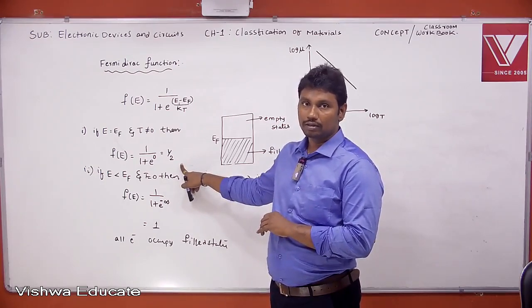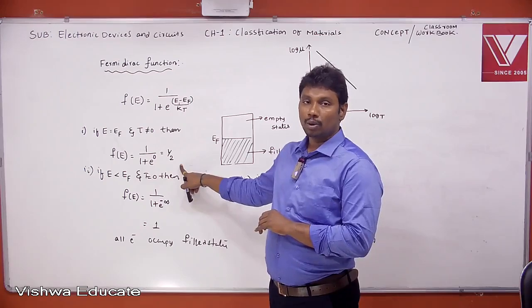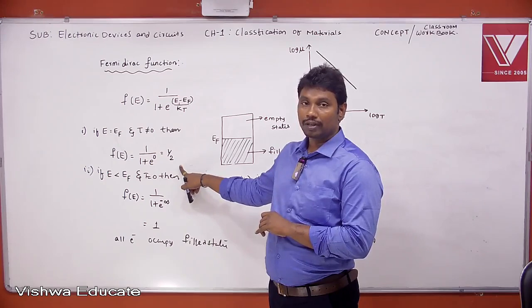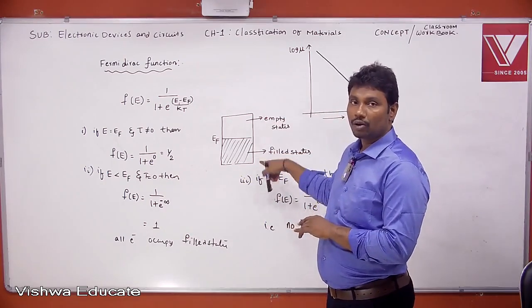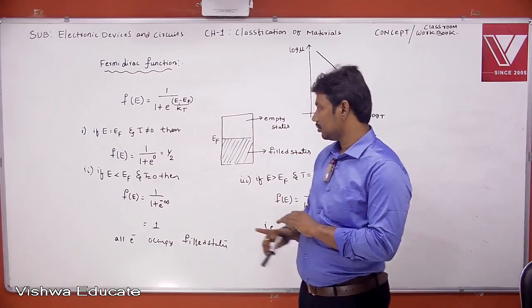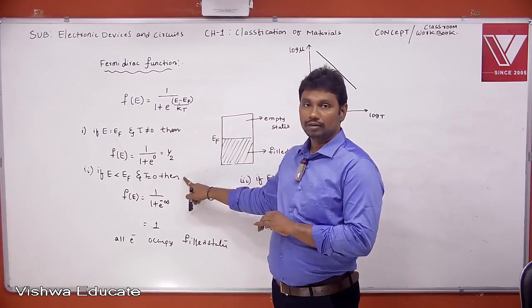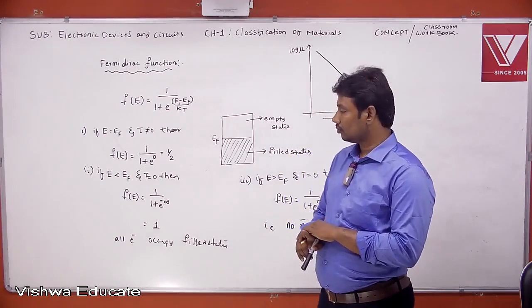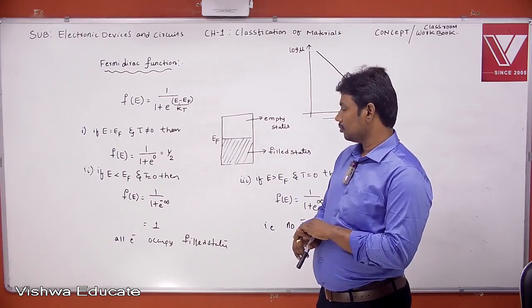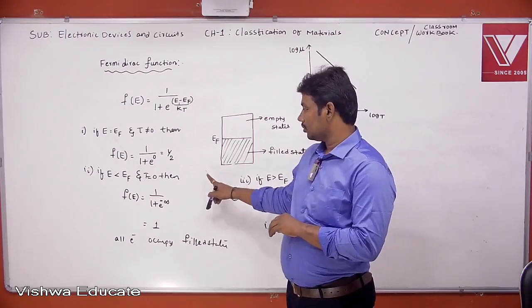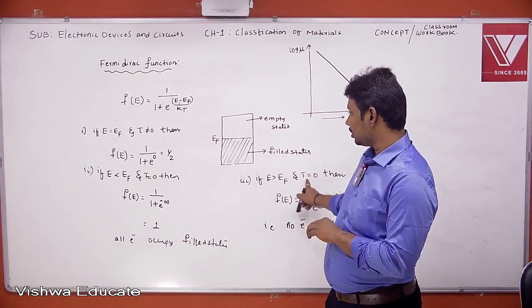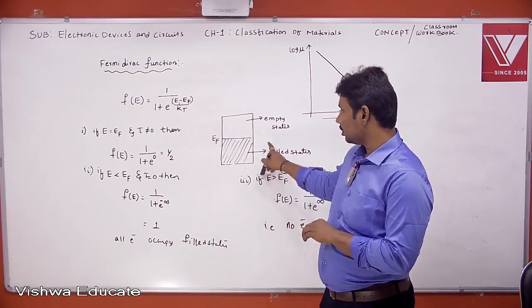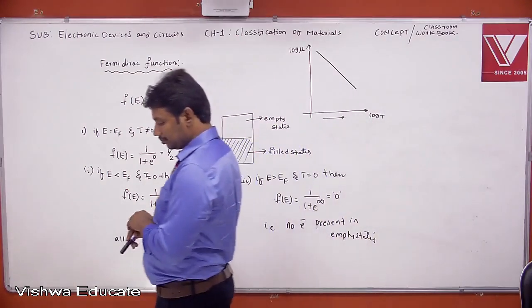That is, electrons neither occupy the filled state nor occupy the empty state. Next, case 2. And copy the case 3 also. Copy from the board, and copy this energy band diagram also.